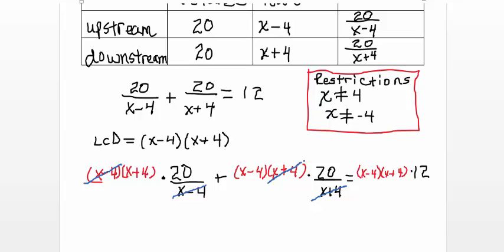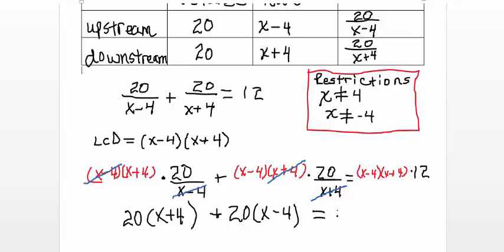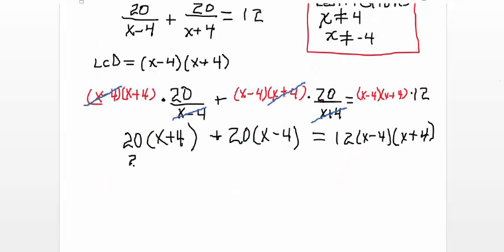The LCD is in the numerator, x minus 4 is the denominator of that first term. When I multiply it in the second position, the x plus 4's divide out. So I'm left with 20 times x plus 4 plus 20 times x minus 4 equals 12 times x minus 4 times x plus 4. And notice I can multiply in any order, so I move the 12 to be the first factor in the product on the right side of the equals.